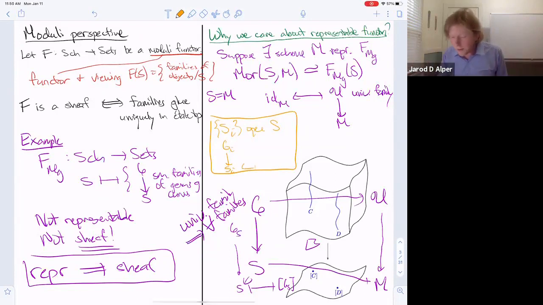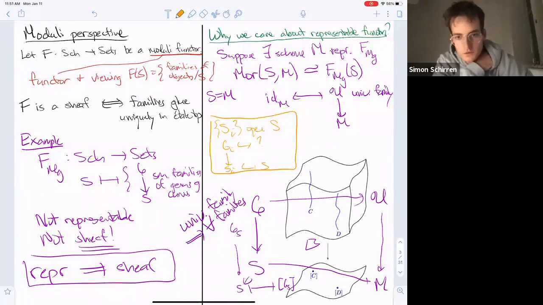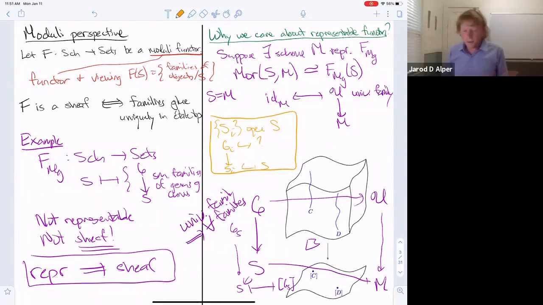If you want to glue schemes together to create a scheme C over S, you need those isomorphisms on the intersection to satisfy a cocycle condition on the triple intersection. That's required to get gluing, and here we're not specifying that, so that condition can fail. So that's a reason why it's not a sheaf. Okay, thank you. And again, it's coming from automorphisms.